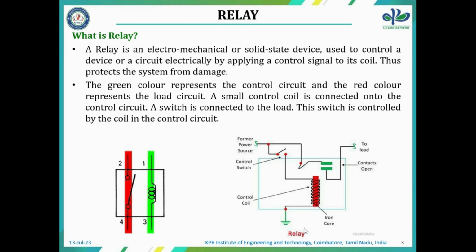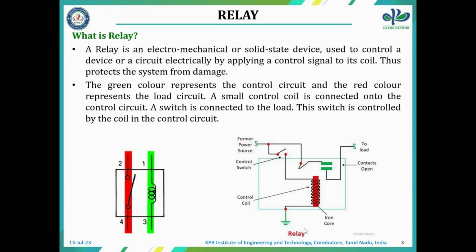The green color represents the control circuit and the red color represents the load circuit. The green coil is connected to the control circuit, or to the power source from the control switch.